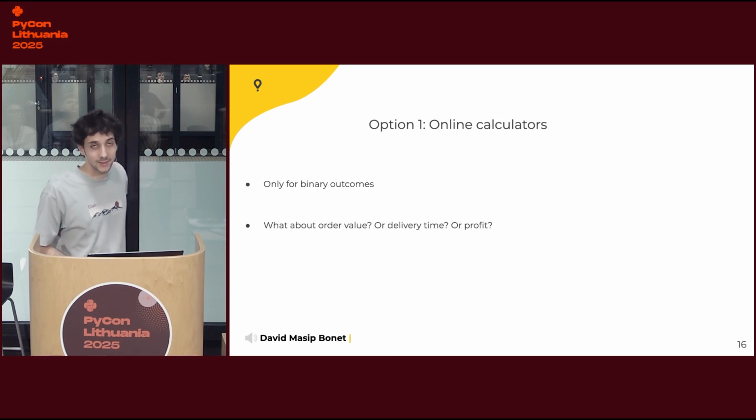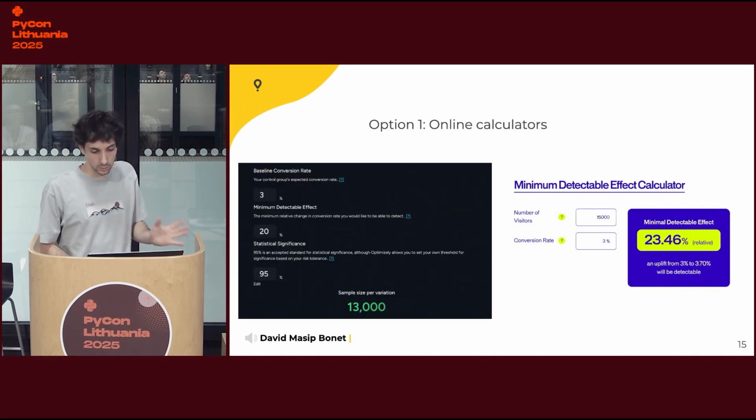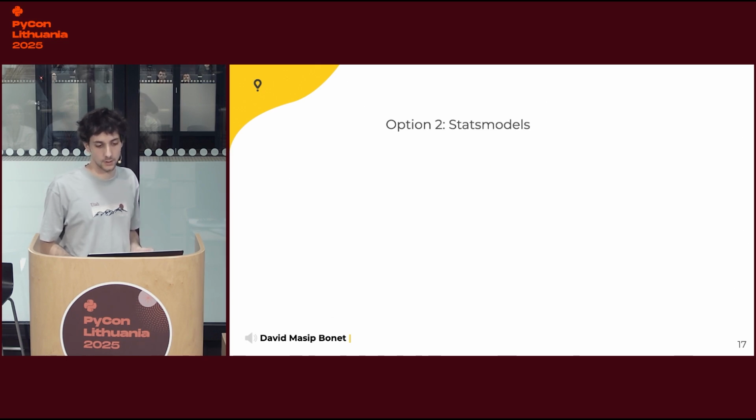The only issue is that they typically only work with binary outcomes, so essentially conversions. But there are very relevant metrics like order value in the example that I was giving, delivery times, something that is very common in logistics, or profits, something that is very relevant to every company, that these tools don't cover. So the issue is that they are a bit limited in scope.